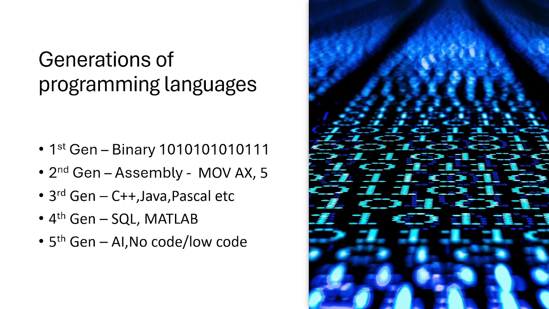Third gen, on the other hand, examples we have would be C++, Java, Pascal, and yes, some of our CSEC students learn Java instead, or they learn C instead. Even at CAPE, it is mandated that students learn C programming, right?